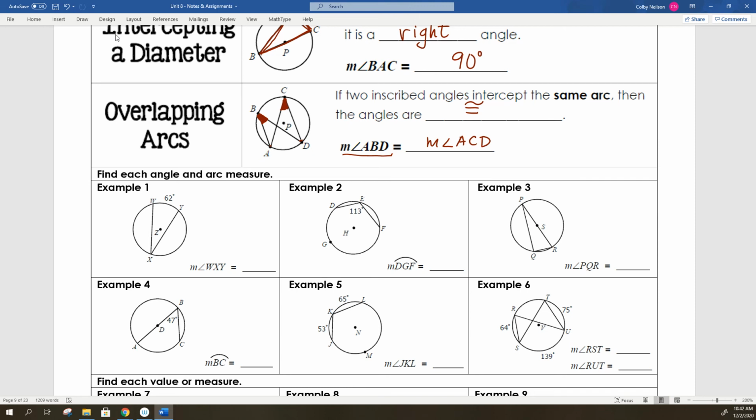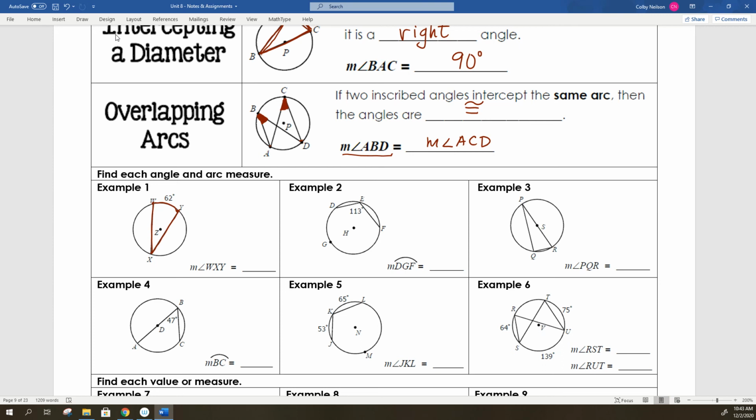All right, example 1. Find each angle and arc measure. If we just find the piece of information that's asking us for here. All right, so I have an arc of 62 degrees. So if I travel along the endpoints, follow their lines, and see where they meet, they meet here at this angle X. Is that angle WXY?